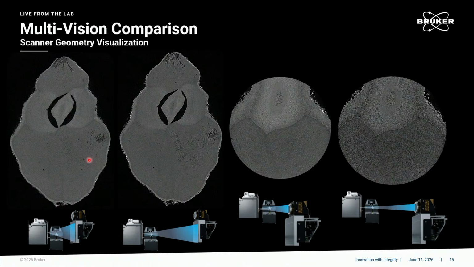So here, for this slide, the one on the left is the fastest, and you can see down here the scanner geometry. And then the one on the right. These are the flat panel scans and CMOS scans. The left is the fastest for each one, and the right was the longest or the highest quality for each one. So really it goes back to what do you need.